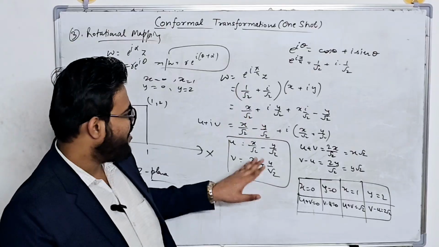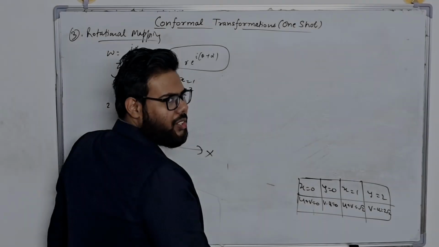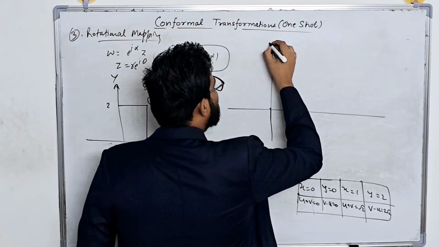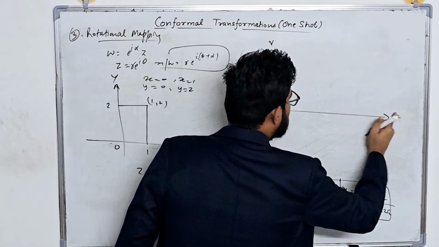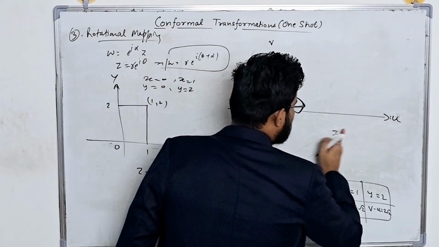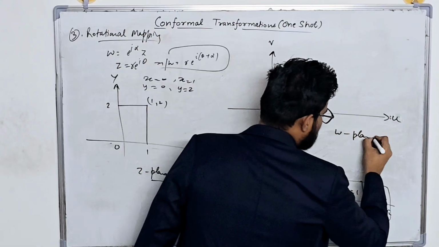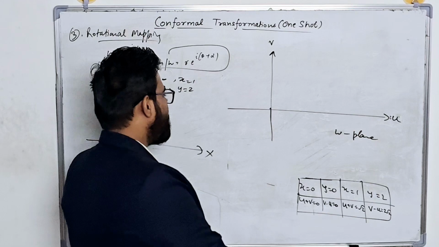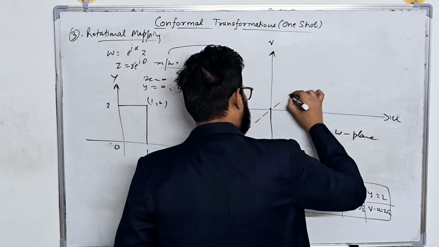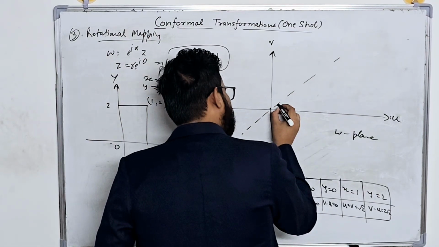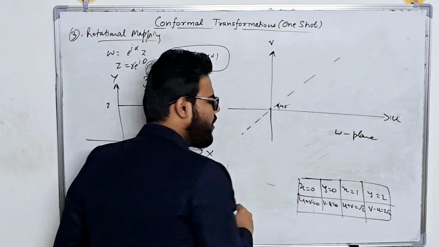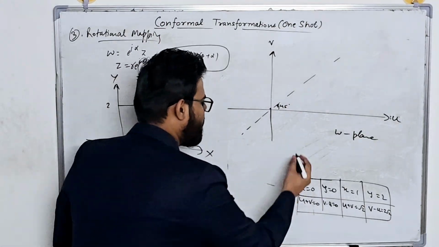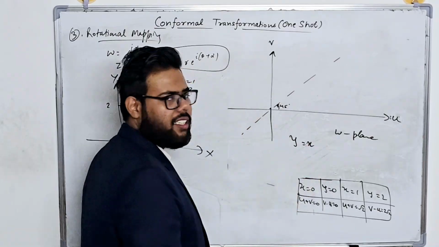Okay, so let me erase this, then we'll plot its graph. So this is the UV plane, right? Okay, so v minus u is equal to 0. It means that this is the line at 45 degree, pi by 4, because the angle in this case is equal to 45 degree.